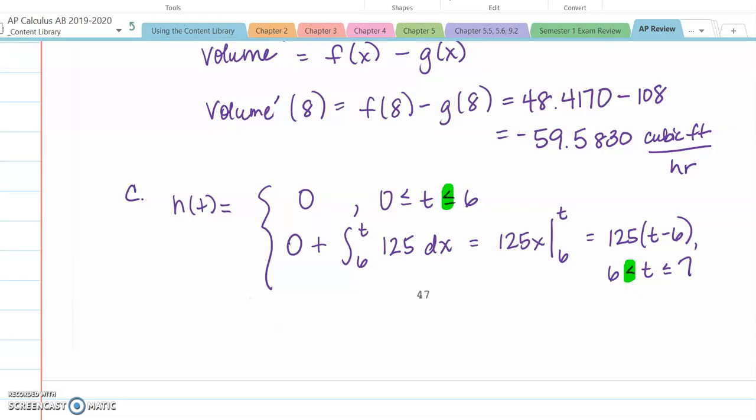So if your rate was 125 cubic feet per hour, and you've gone for 1 hour, that means you have removed 125 cubic feet of snow after the conclusion at 7 a.m. So the next piece will be 125 already removed, plus what gets removed between the hours of 7 and 9 a.m., going all the way up to 9, of 108 dx. So that 125 has to stay.